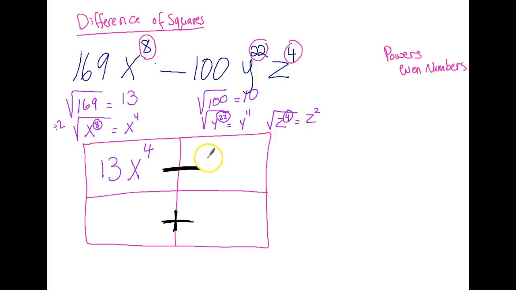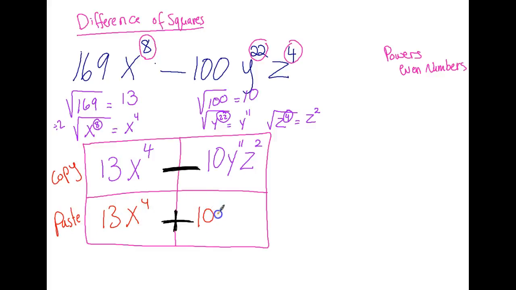My second term had the 10y to the 11th z squared. Then all you have to do is copy, paste. 13x to the 4th, 10y to the 11th z squared. That's my first parenthesis.